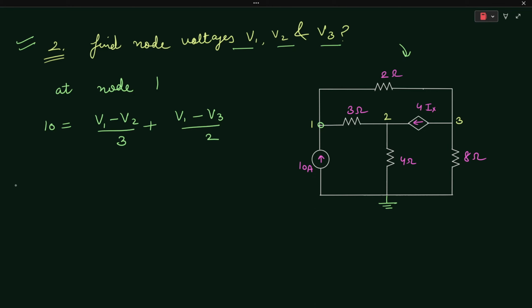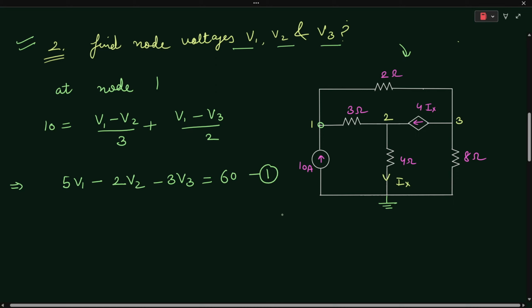On further simplifying the equation, we can say that 5V1 - 2V2 - 3V3 will be equal to 60. Let's say this is your first equation.